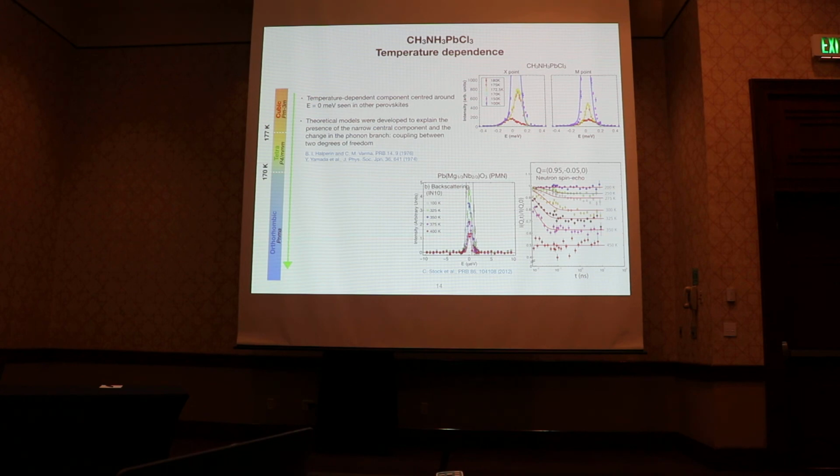And what's interesting here is that these 2 techniques allow to probe dynamics with timescales that are less than the gigahertz. And while the backscattering data will only show a static nature of the scattering, the neutron spin echo technique allows to separate this static component from dynamics here.